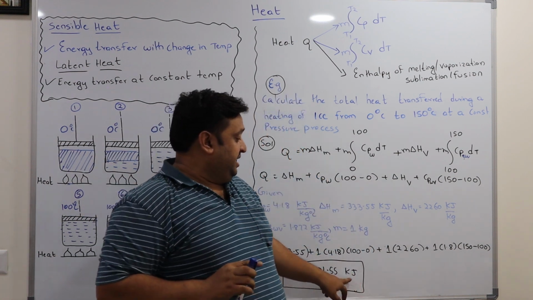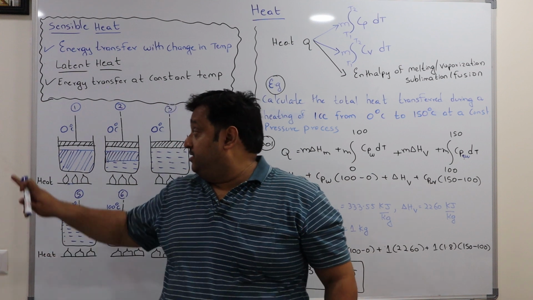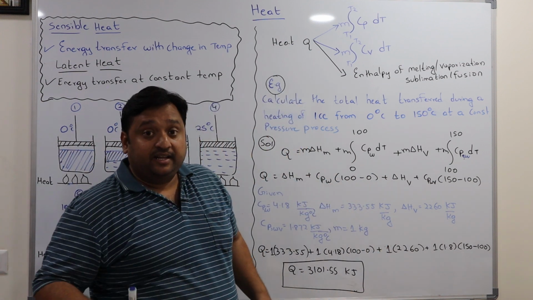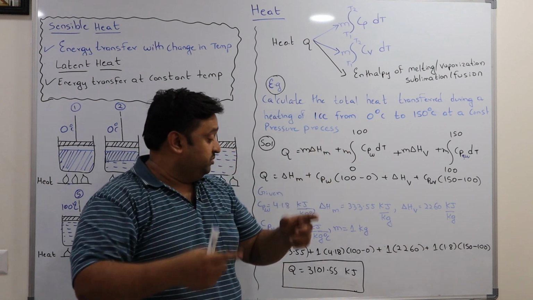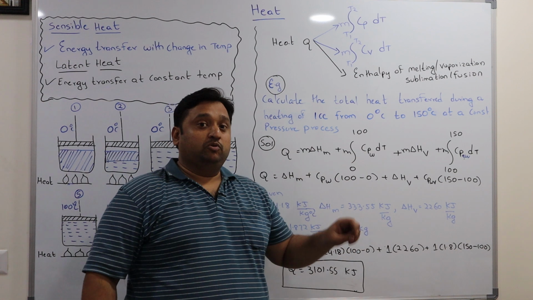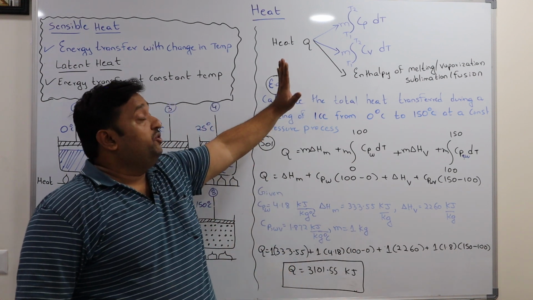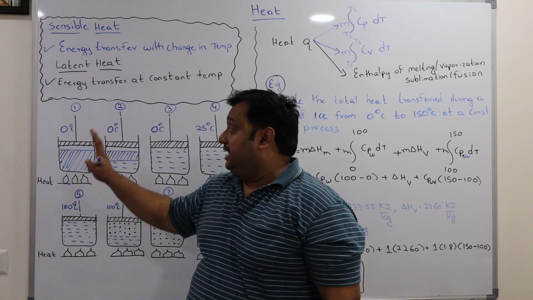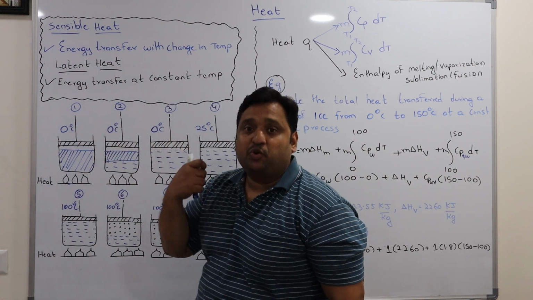That means for every kg during this process, the amount of heat that went into the system is 3101.55 kilojoules.